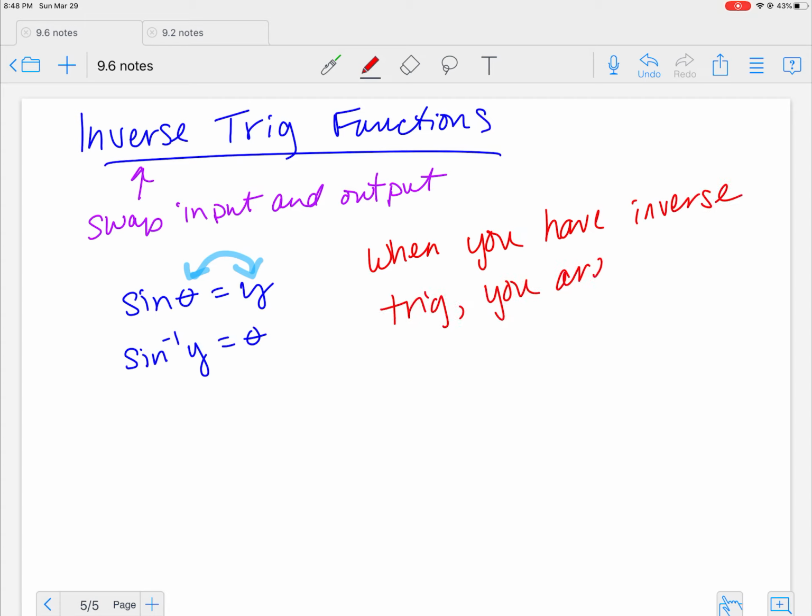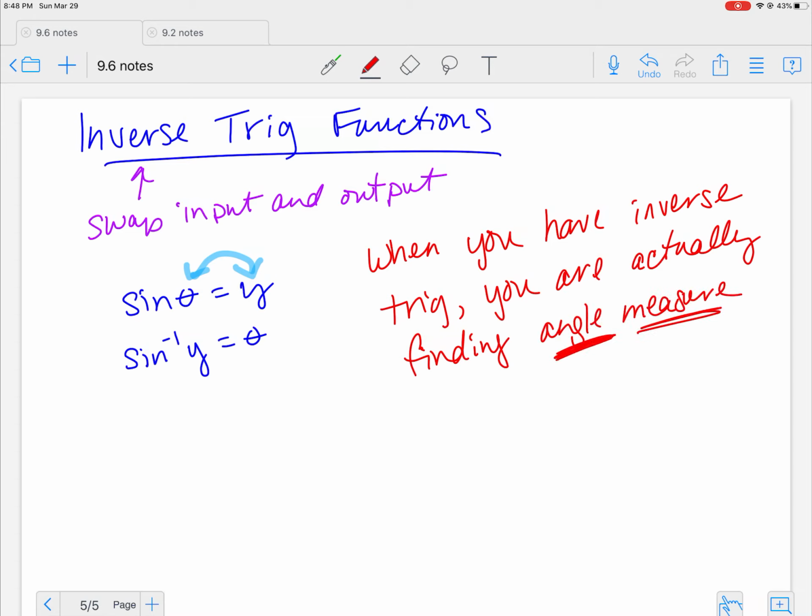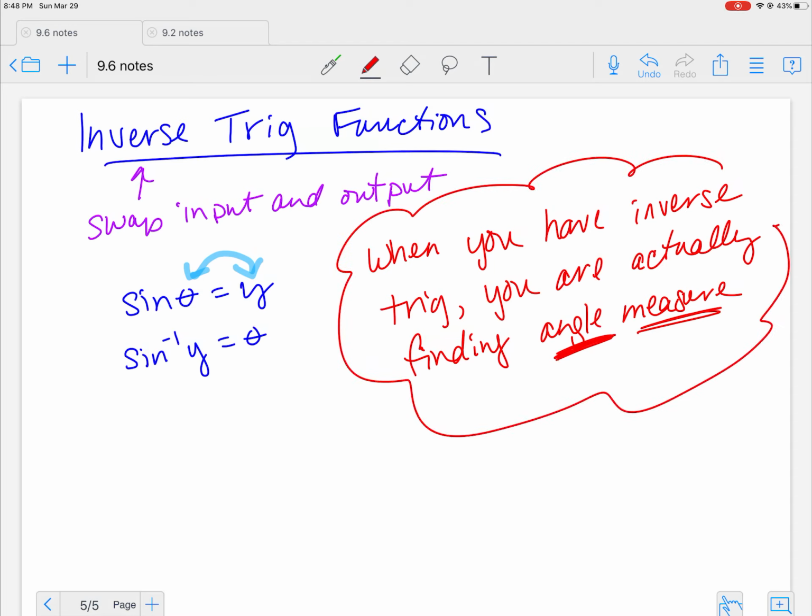So here's the big deal when it comes to this. When you have inverse trig, you're actually finding the angle measure, because you're swapping that input and output.